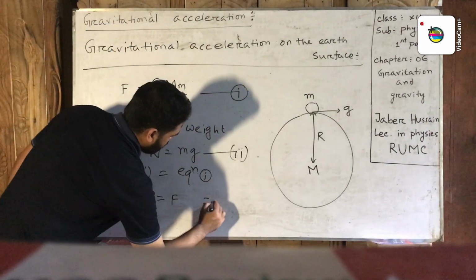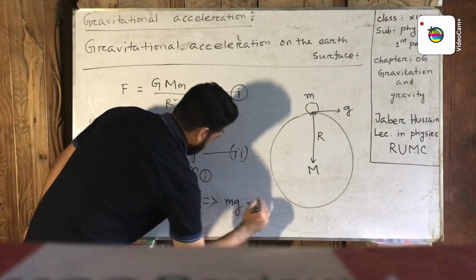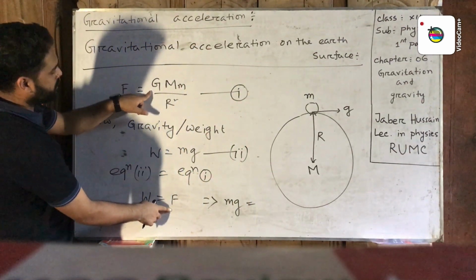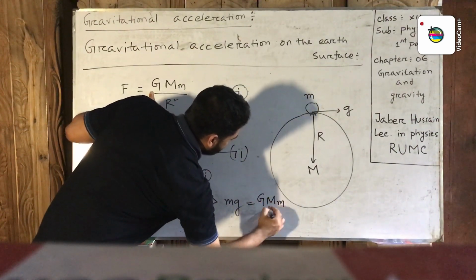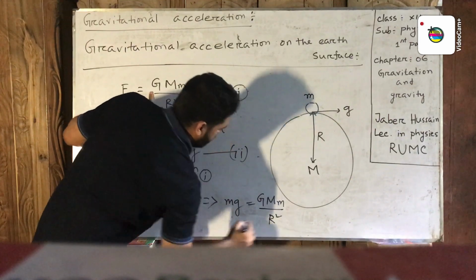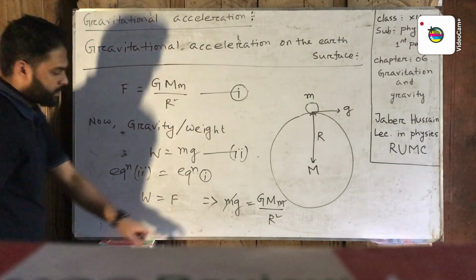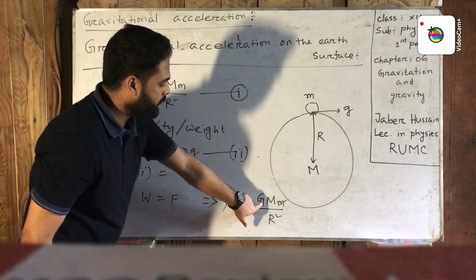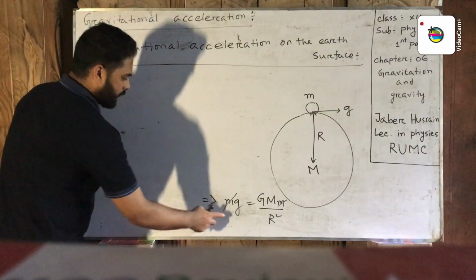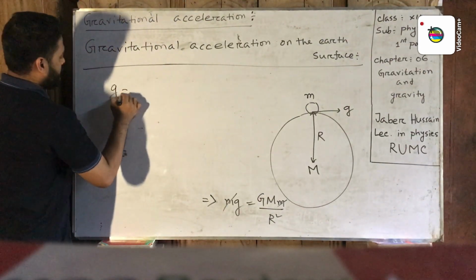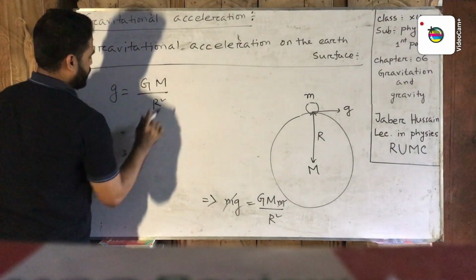So W equal small m into small g equal F, which is G capital M small m divided by R square. Small m on both sides cancels out, so small g equal G capital M divided by R square.